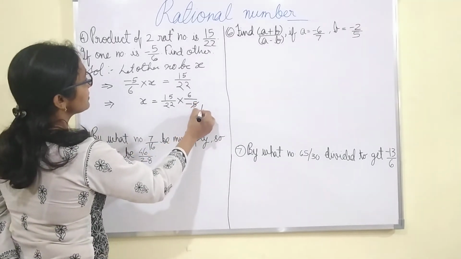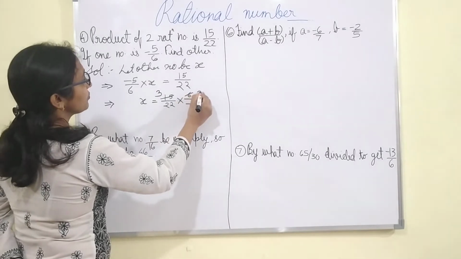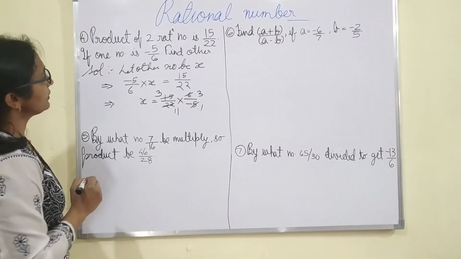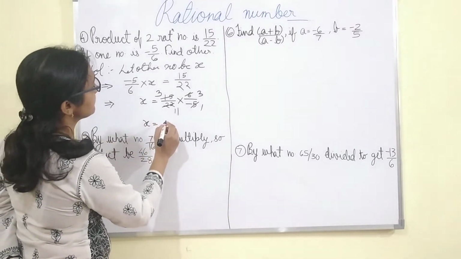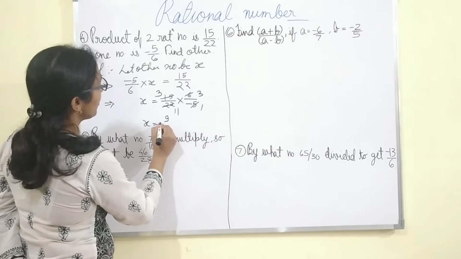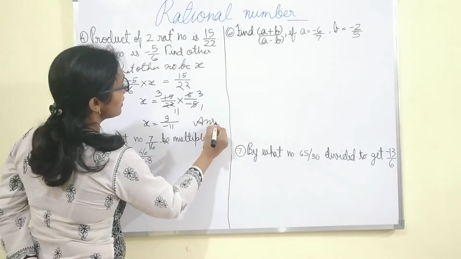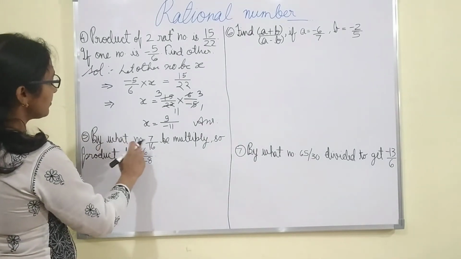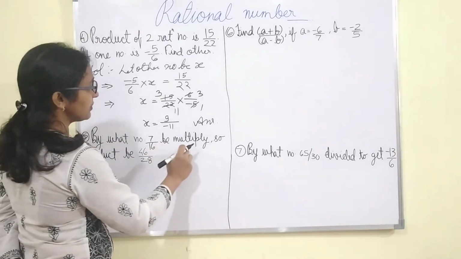So 5 ones are 5, 5 threes are 15, 2 threes are 6, 2 elevens are 22. So the value of x is 9 upon minus 11. It's our answer.